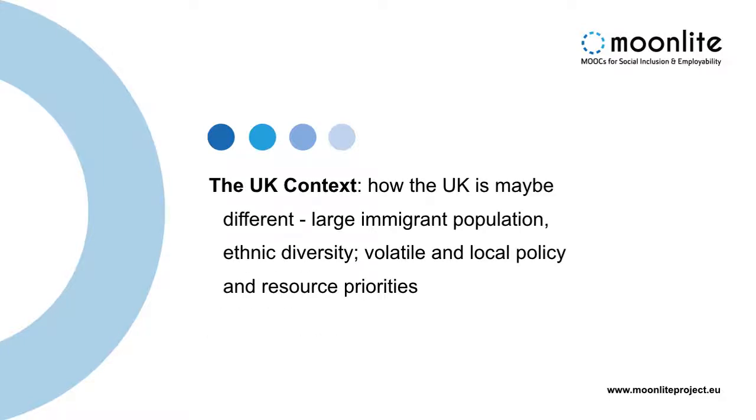Okay, so the UK context is that the UK has, apart from anything else, a large immigrant population concentrated in specific urban areas, mainly from first, second and third generation immigrants from both the Caribbean and the Indian subcontinent, and this might be the cultural community into which refugees fit most easily and most readily.